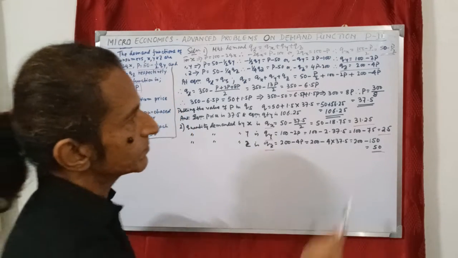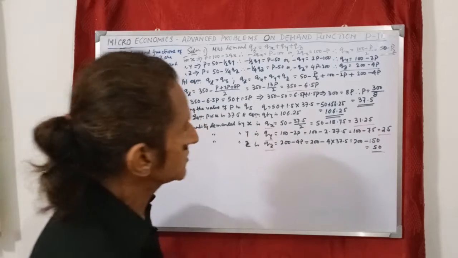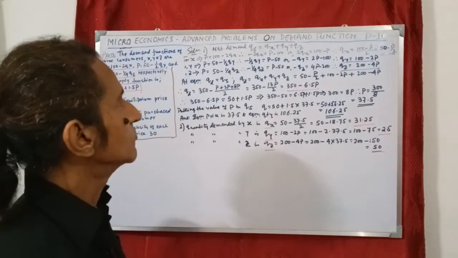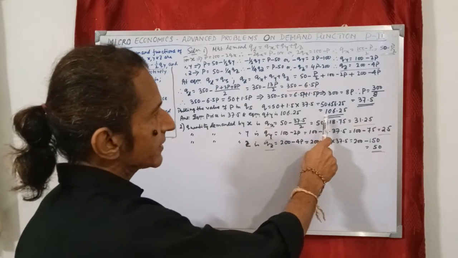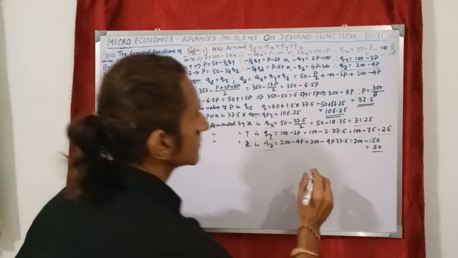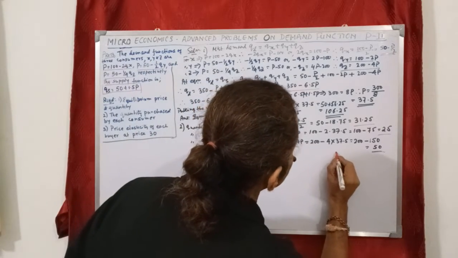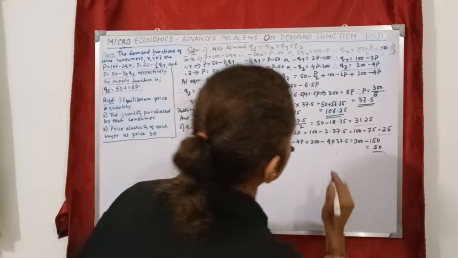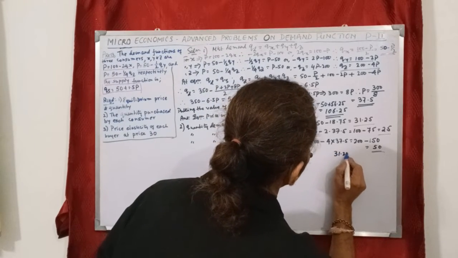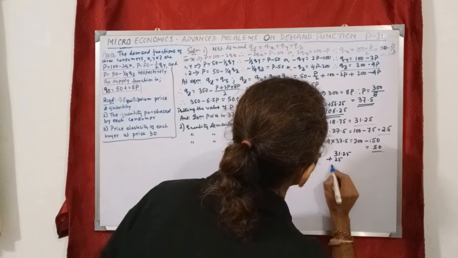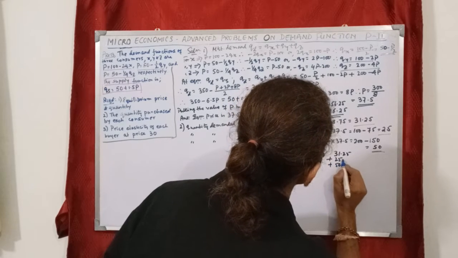So this is the quantity purchased by X, this by Y, and this by Z. If we add up the purchases of X, Y and Z, we shall get the total market demand, that is 106.25. Let us check: 31.25 plus 25 plus 50.